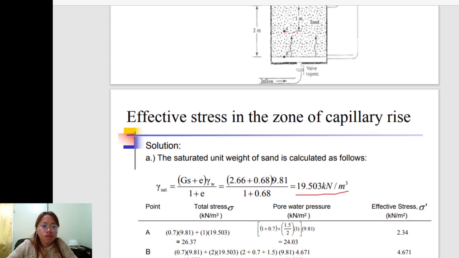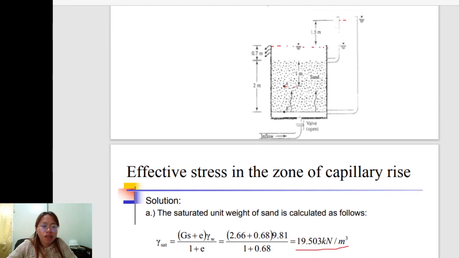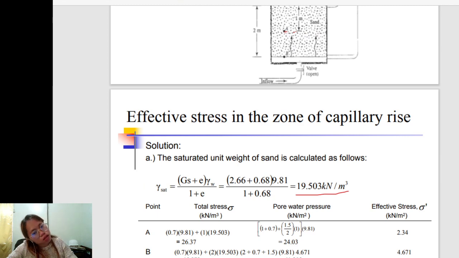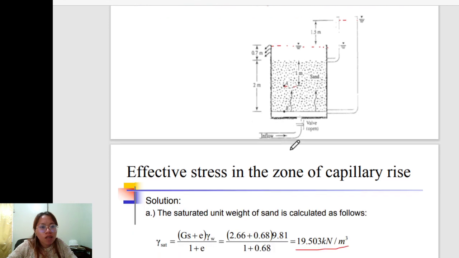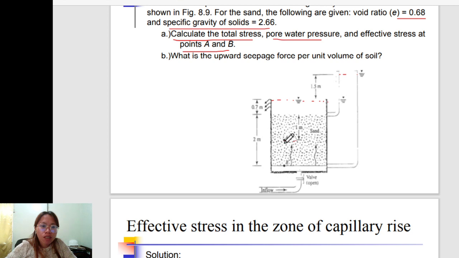And the pore water pressure in this figure at A is 1 plus 0.7 plus 1.5 divided by 2. Alright, why is it that 1.5 is divided by 2?